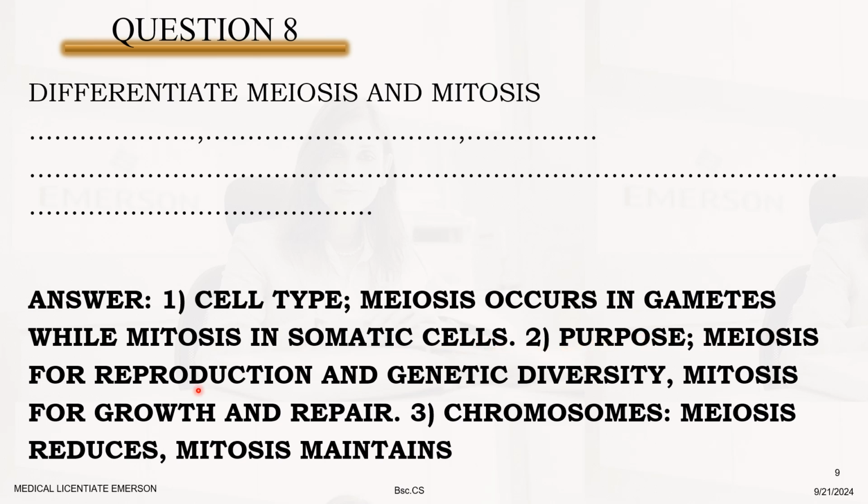Meiosis is mainly for reproduction and genetic diversity, whilst mitosis is for growth and repair. The last difference is in terms of chromosomes. Meiosis reduces the number of chromosomes, that's why other people refer to it as a reduction, whilst mitosis maintains the chromosomes.